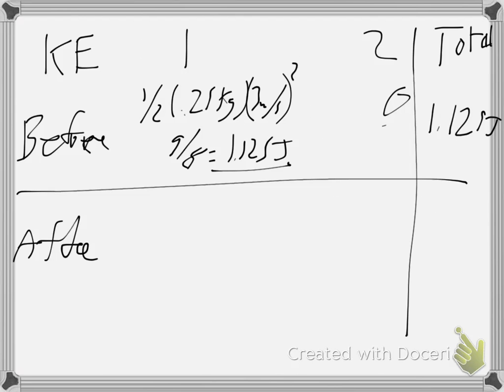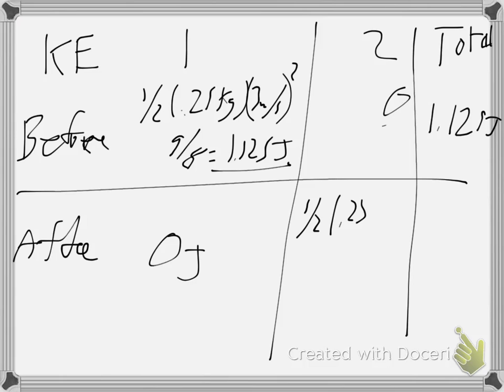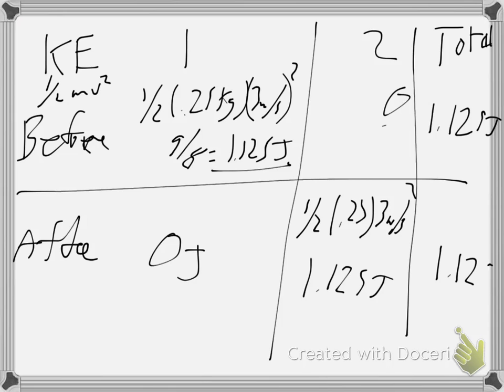So it now has 0 velocity, so it has 0 joules of kinetic energy. But my object 2, my 8-ball, which has a mass of 0.25, is now moving at 3 meters per second. So if we plug it into the kinetic energy formula, 1/2 mv squared, again, this right here is 1.125 joules. So add up my after energy: 0 plus 1.125 is again 1.125 joules.